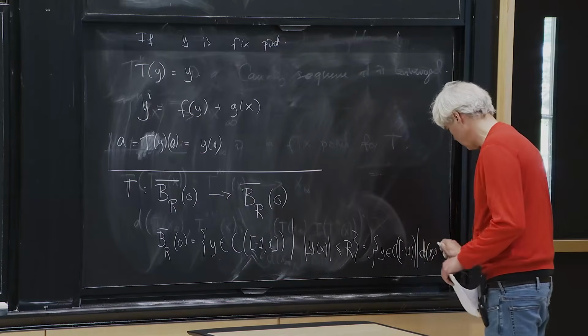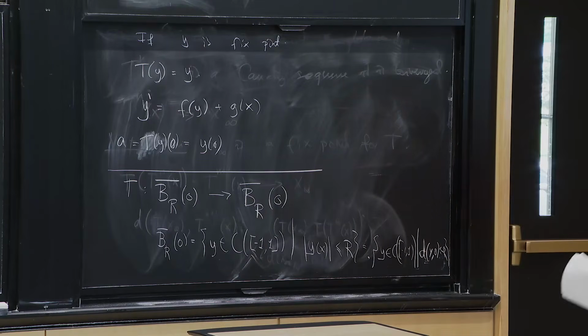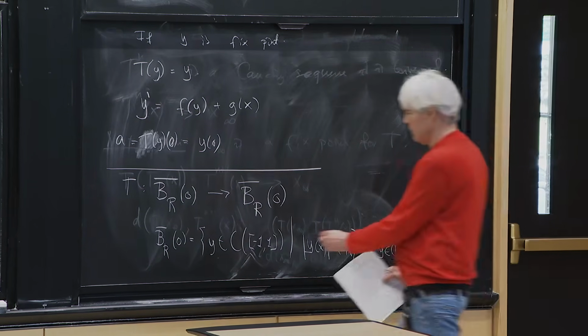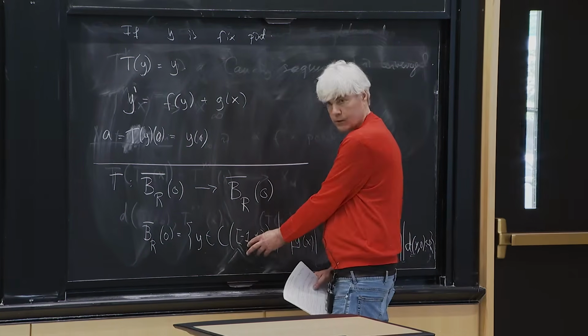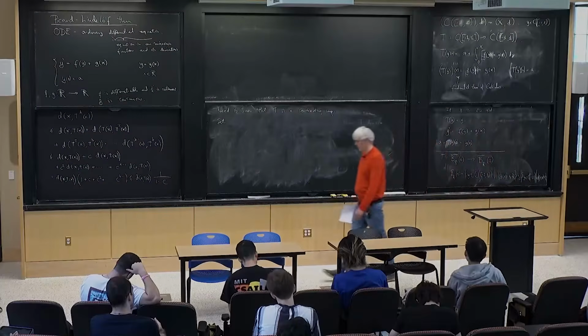This is the 0 function, less or equal to r. And again, I will have to restrict the interval here to make sure that the map is contracting.